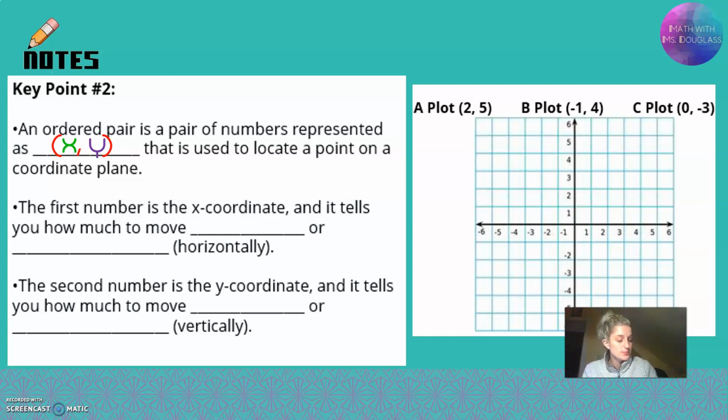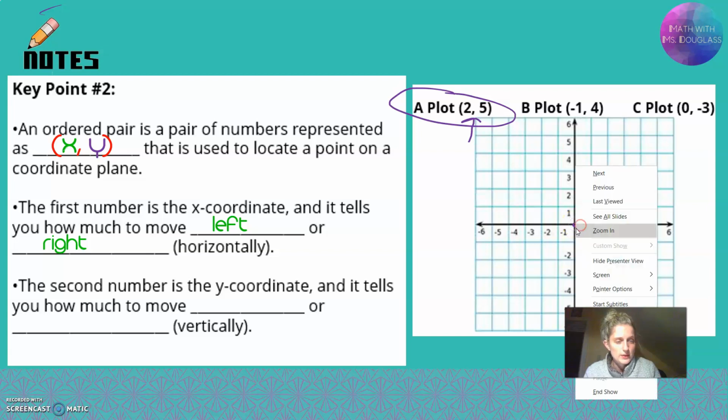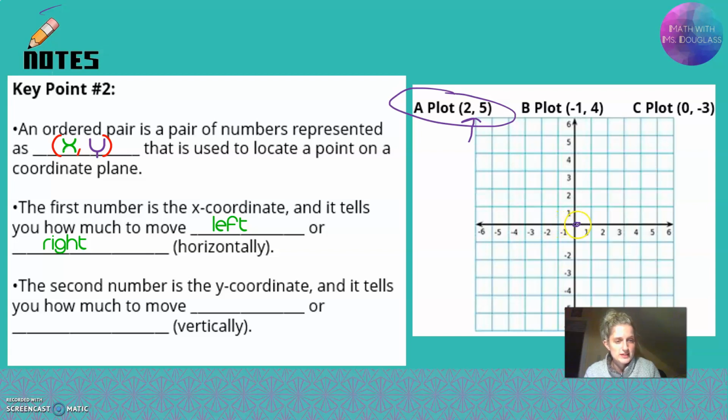Let me show you an example with this point A over here. Where did my pen go? Whoops, mouse is running laps in the house. So here's point A. This number 2, that is my x coordinate. It always goes first, and it tells me how much to move left or right. So that's a positive 2. I'm going to start at my origin, like my origin story, how I became a math teacher, superhero math teacher.